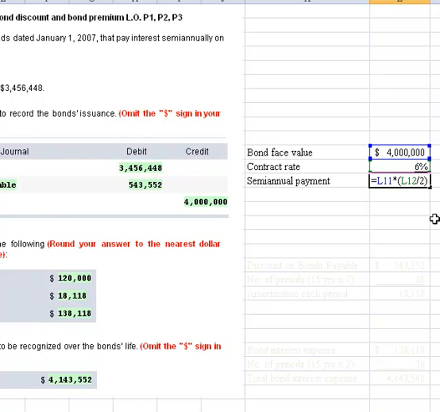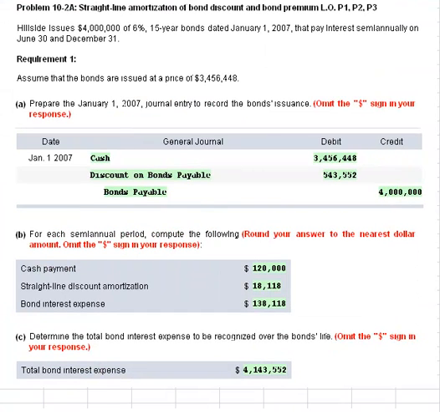So essentially, we're multiplying the 4 million by 3%, or multiplying the 4 million by 6% divided by 2. Either way, we come up with an answer of $120,000. That's how we come up with the $120,000.